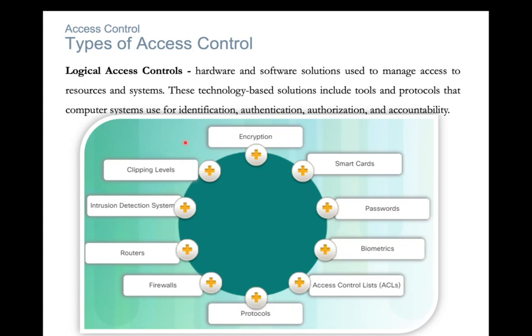Kerberos is a centralized network authentication system used in many operating systems, whereas firewalls prevent undesirable traffic from entering an area within a network. A firewall enforces an access control policy between networks. Another logical access control is routers. As we know, routers connect at least two networks with either a wired or wireless connection.